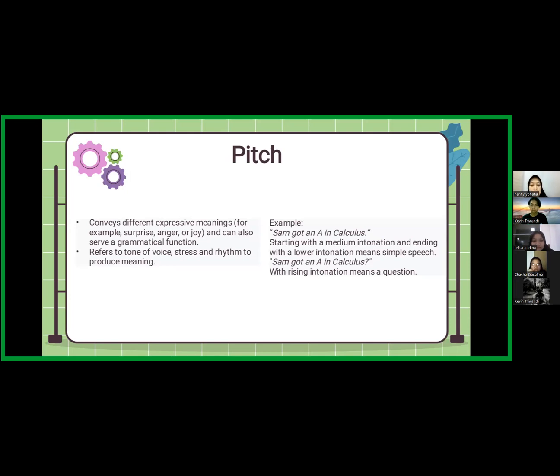Every individual has a pitch range which can be achieved by adjustment of the vocal cords. By tightening the vocal cords, a person can raise the pitch of the voice, and by loosening them, one can lower it.